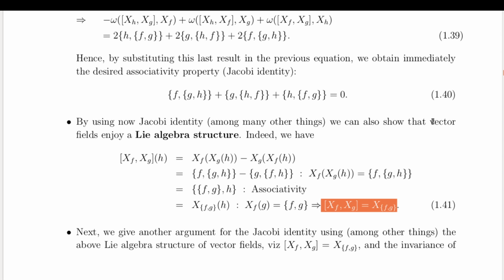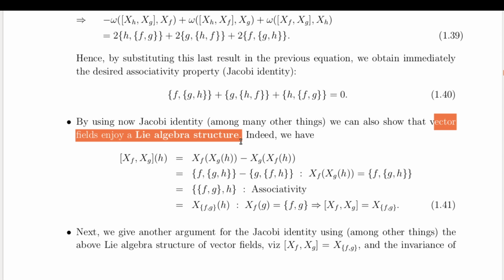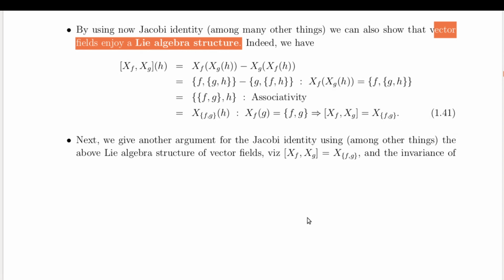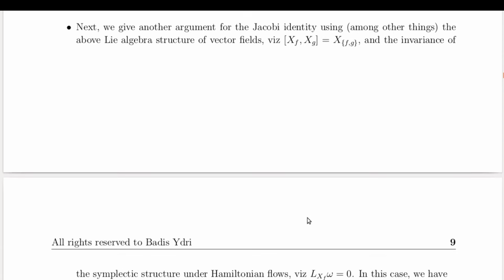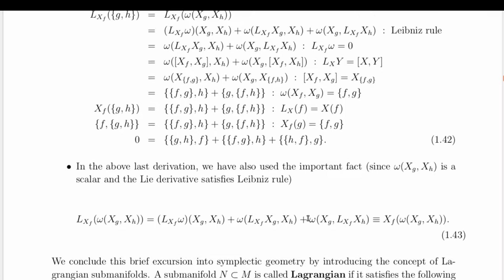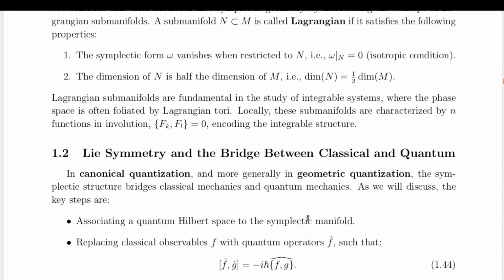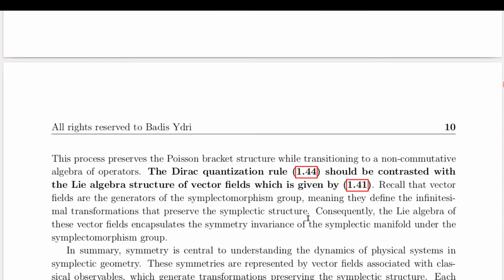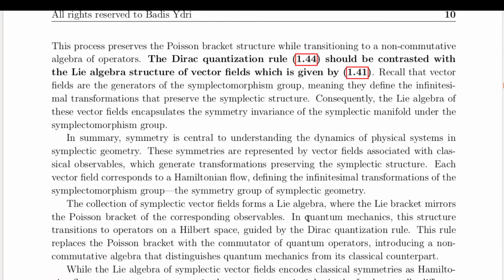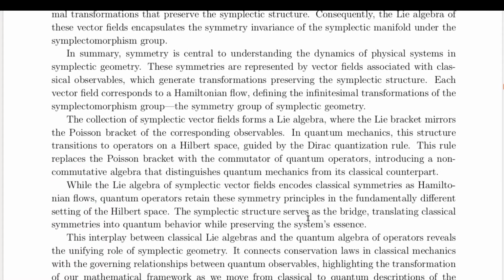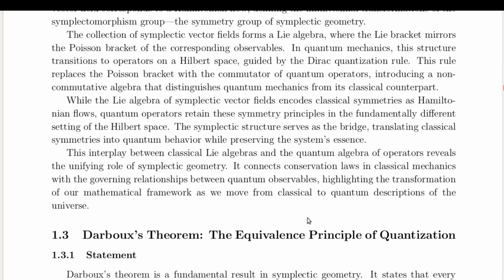While the Lie algebra of symplectic vector fields encodes classical symmetries as Hamiltonian flows, quantum operators retain these symmetry principles in a fundamentally different mathematical setting, the quantum Hilbert space. The symplectic structure serves as a bridge, translating classical symmetries into quantum behavior while preserving the system's core relationships.